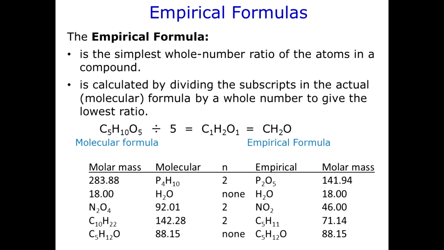Now, the molecular formula tells you the molecular mass or the molar mass. So you use 5 times carbon, 10 times hydrogen, and 5 times oxygen. That gives you a value. Now, the empirical molar mass would be 1 carbon, 2 hydrogen, 1 oxygen.